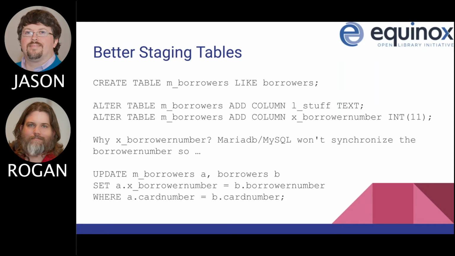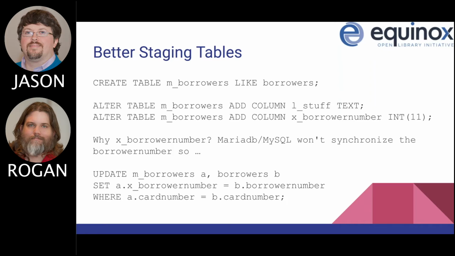So a better staging table. Instead of manually creating a staging table, we start by creating a table like the one we want to inherit columns from. So create table m_borrowers. M underscore is our convention that it's a migration related table, like borrowers. What this will do, if you're not familiar with it, is basically create a second borrowers table with a new name.